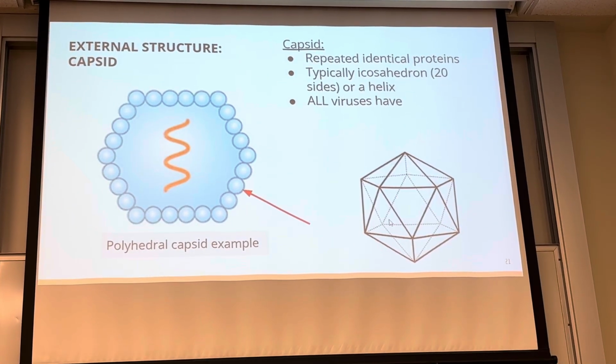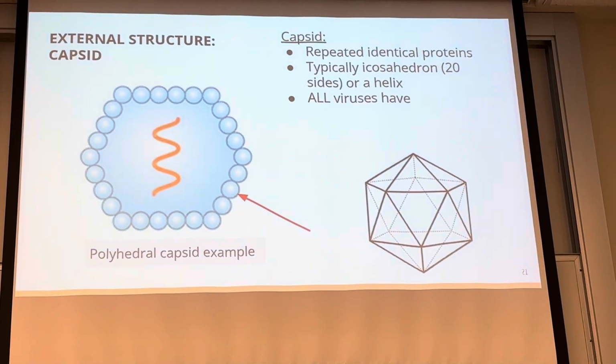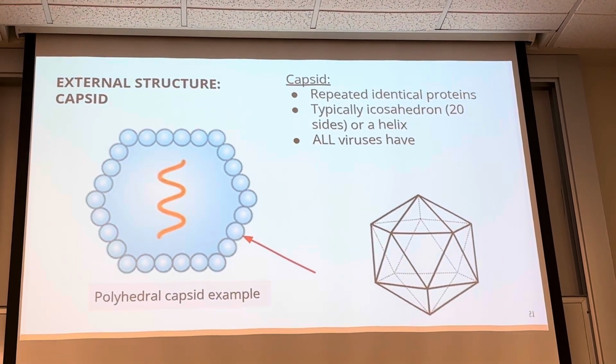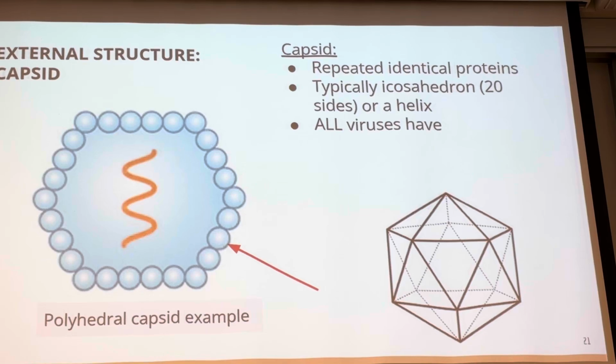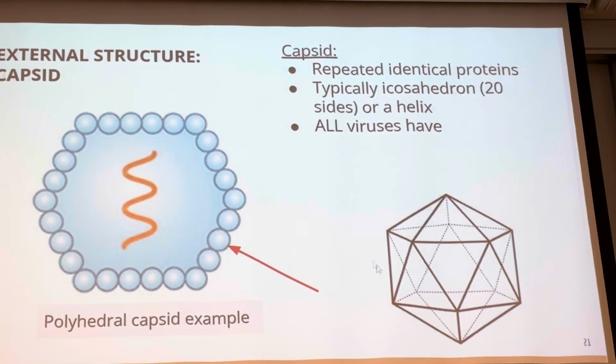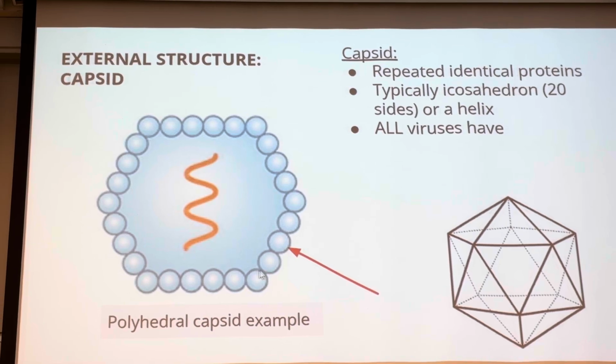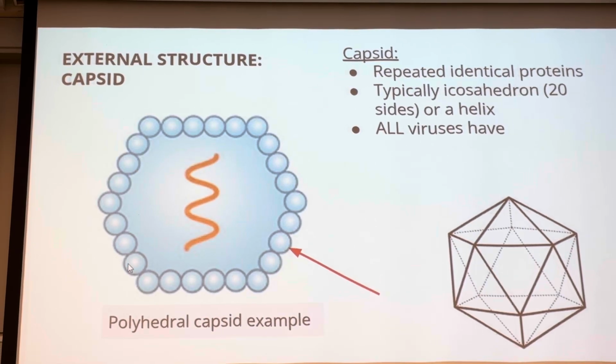You'll see the term icosahedral sometimes, meaning 20-sided. Don't worry about the number of sides, all we care is that they have many sides. So they're the same protein repeated over and over that surrounds the genetic material, either here in the polyhedral shape or here in the helical shape.